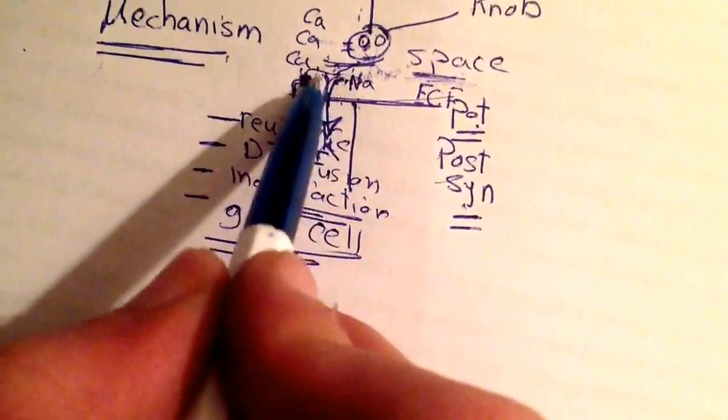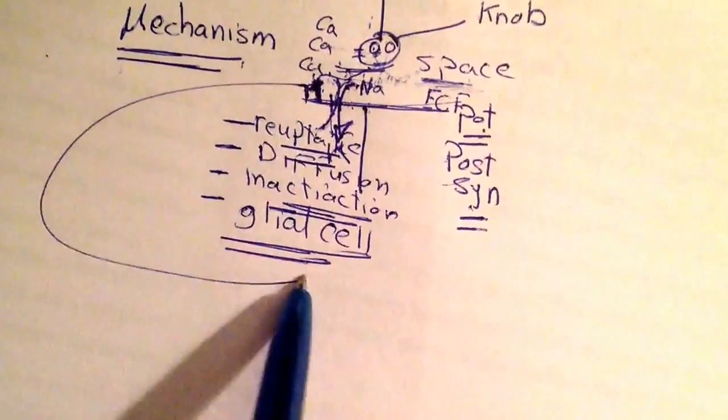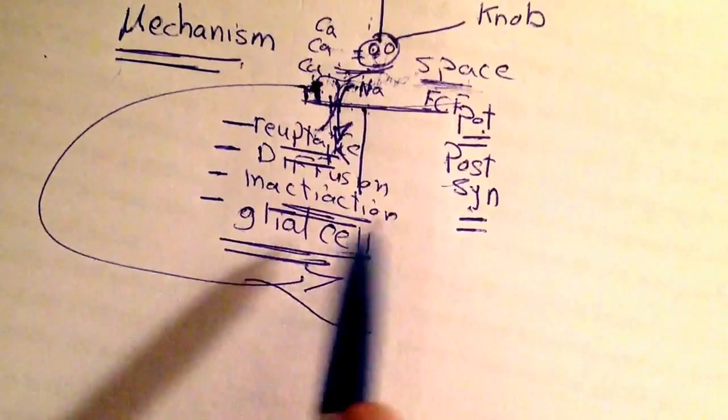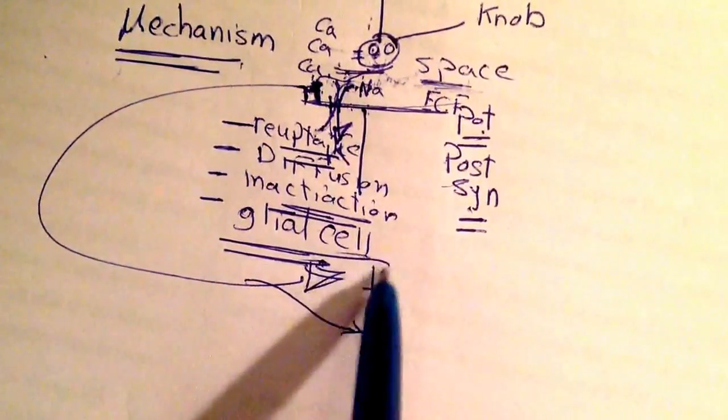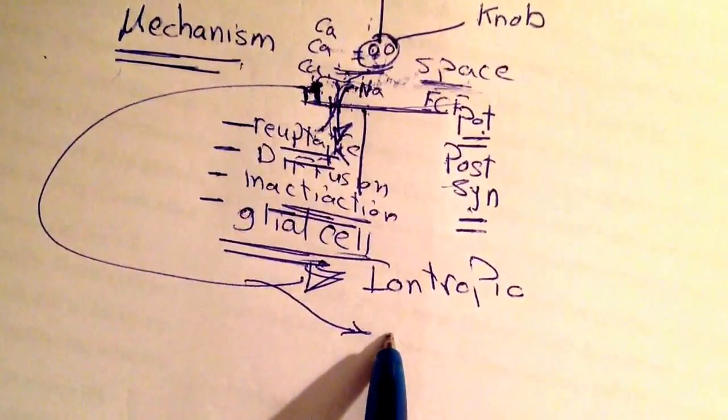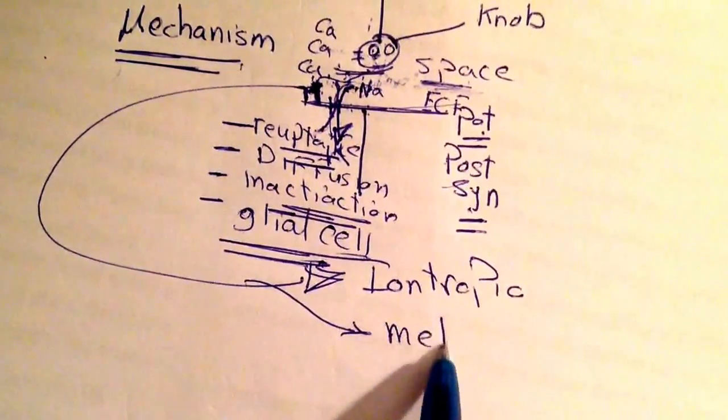By the way, this receptor is composed of two types. The first type is known as ionotropic receptor. The second type is known as metabotropic.